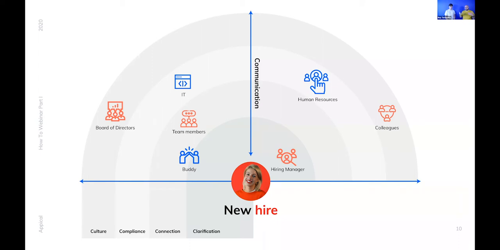And it's good to divide responsibilities. So the hiring manager says, oh, I will take care of the connection and the clarification. I will make sure that there's a buddy, that the team knows that there will be a new hire. And the other way around, human resources will say, we will take care of making sure that the contract is signed and all that kind of stuff.